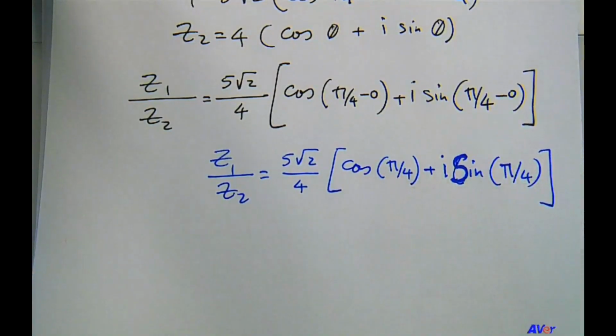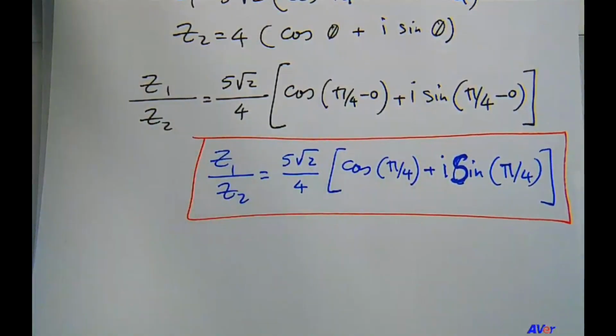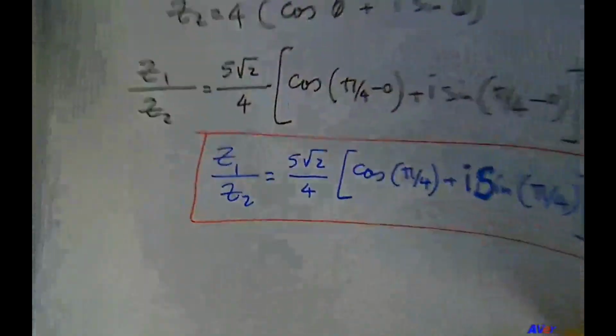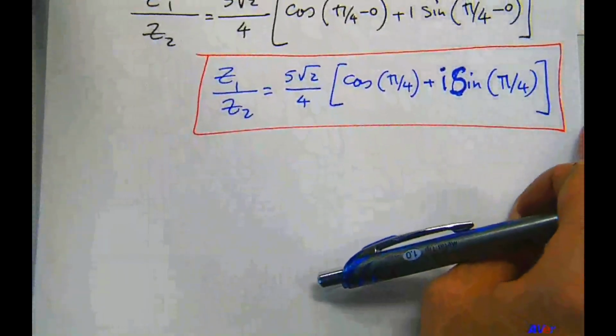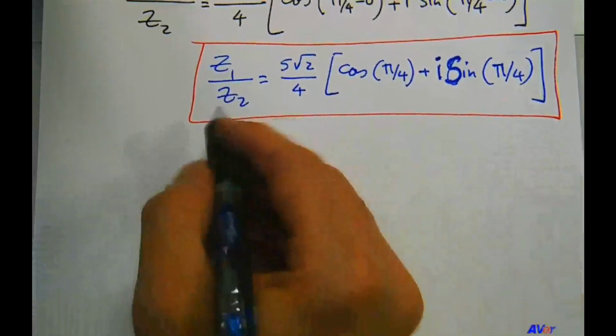So that's one answer. If you want to leave the answer in polar complex form, that's the way to do it. And then, of course, if you want to simplify, we can do that like before.